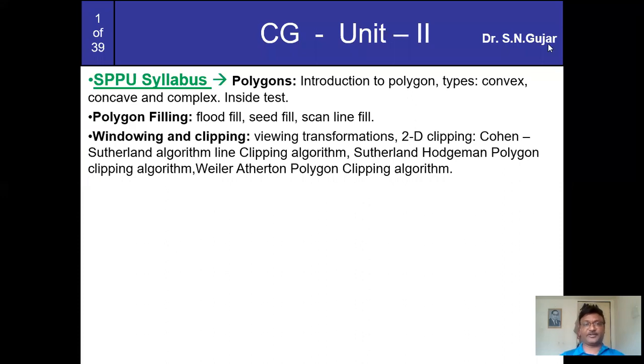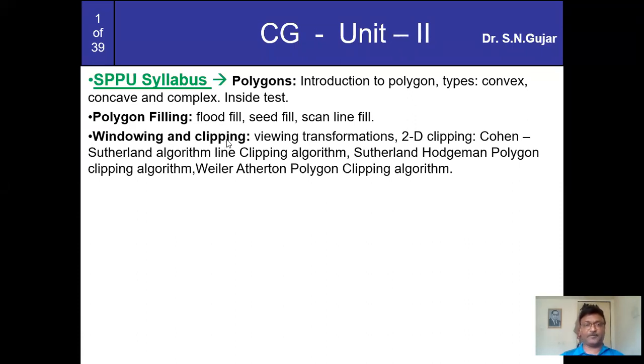Any closed figure is nothing but a polygon. Then polygon filling, where you have to fill the inside area of the polygon by using three algorithms: flood fill, boundary fill, and scanline fill.